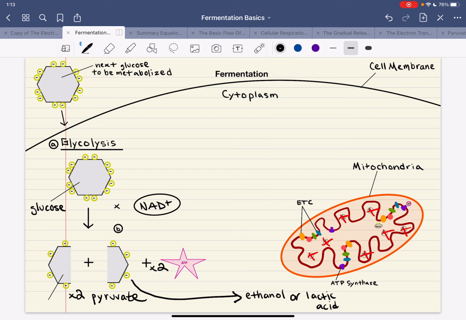And like I said, these are waste products from the perspective of the yeast or the bacterial cell. This does nothing for the organism. They're not doing fermentation to produce alcohol. They're doing fermentation to get energy, so they can interact with their environment, so they can build their own molecules and do everything that a cell needs to do. That's why they're doing this process.